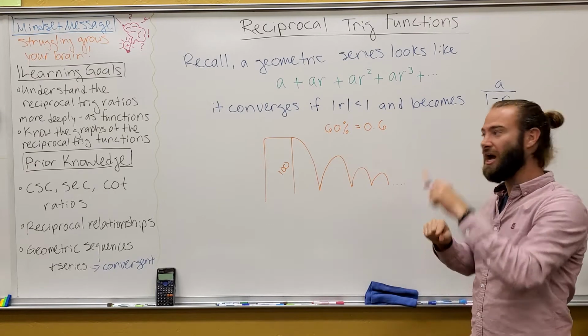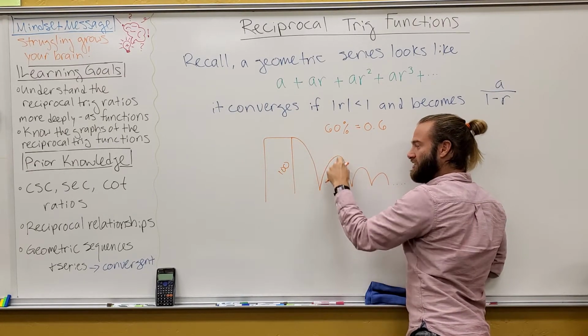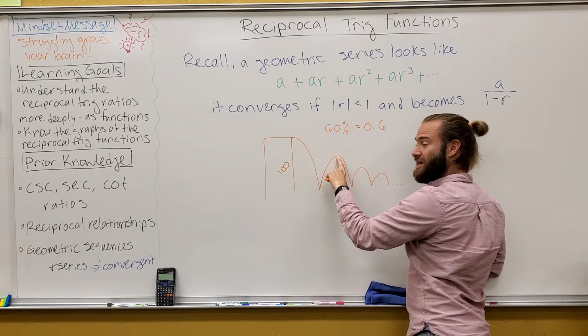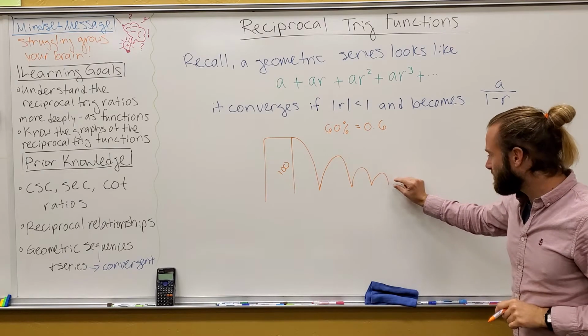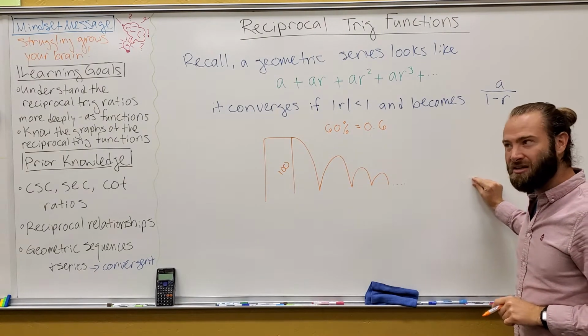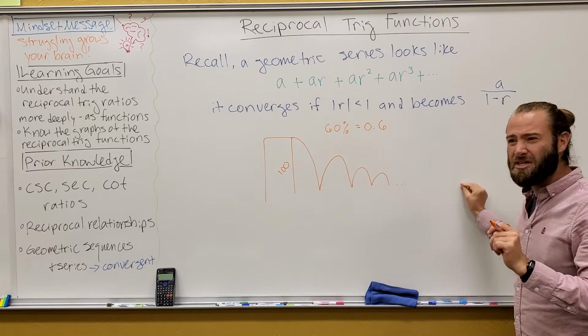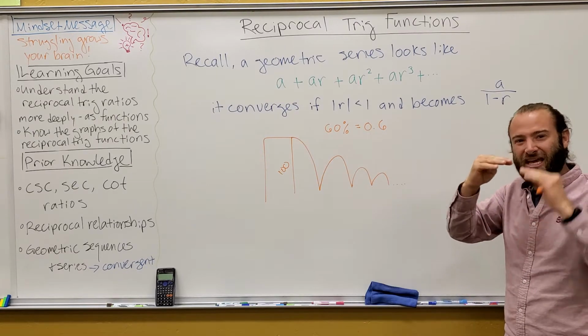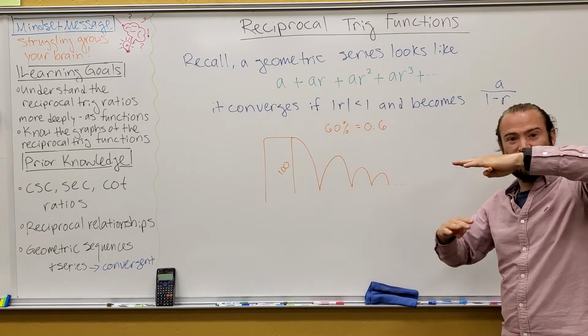So what we're saying is, if I was trying to track the ball's total height over time, right here its height is 100 feet, but then here its height is 60% of that, and then 60% of that, and 60% of that. It's going to just continue bouncing, this magical bouncy ball, but eventually it's going to be so minuscule that it's barely gaining anything, and it's going to approach, well, we've learned about asymptotes, but it's kind of horizontal.